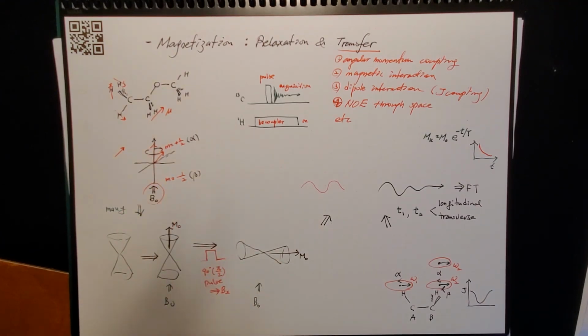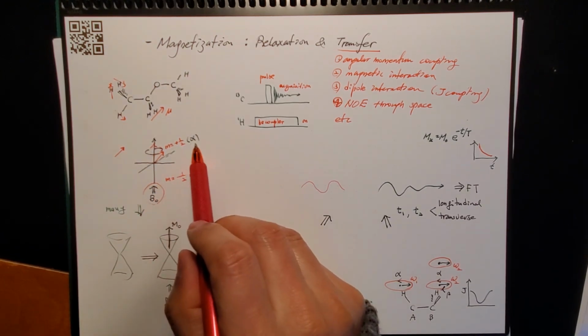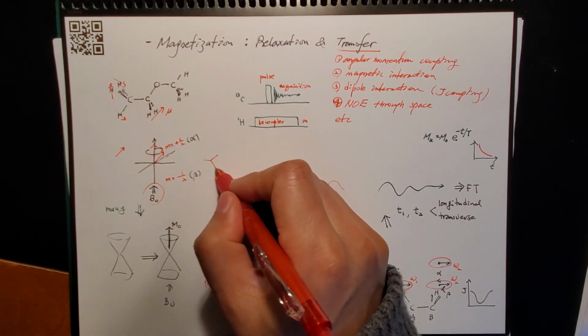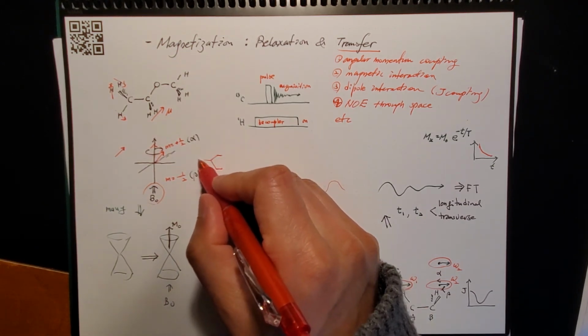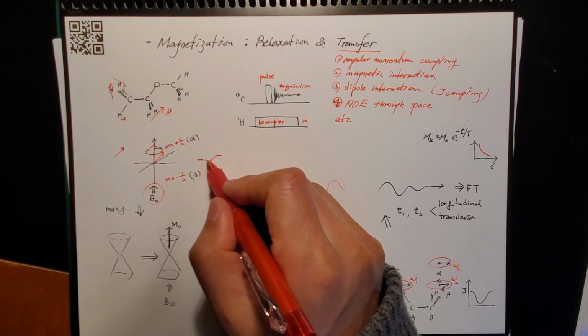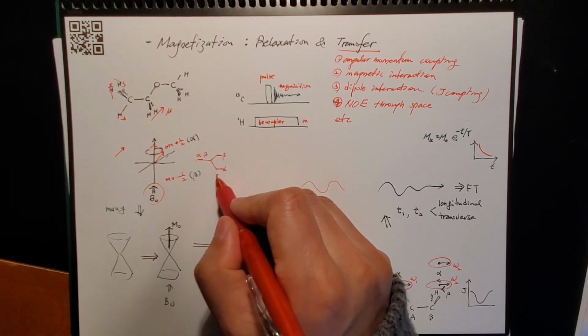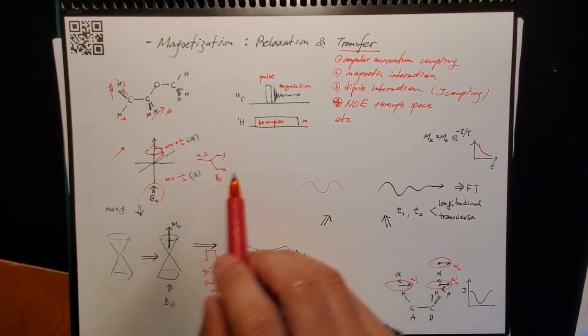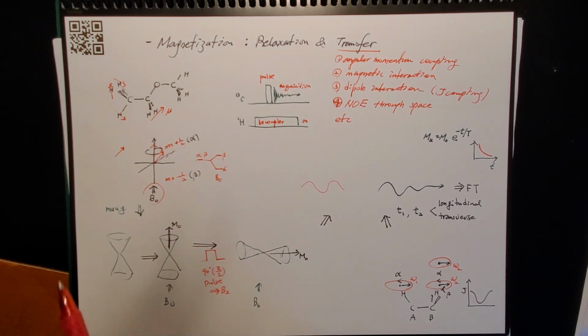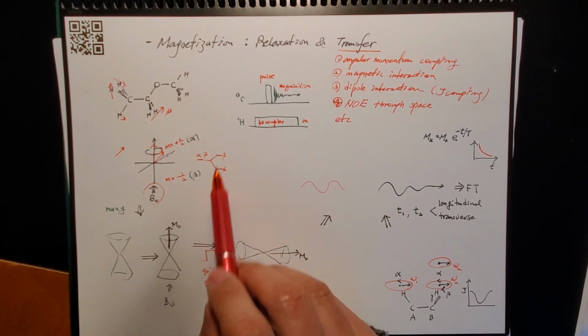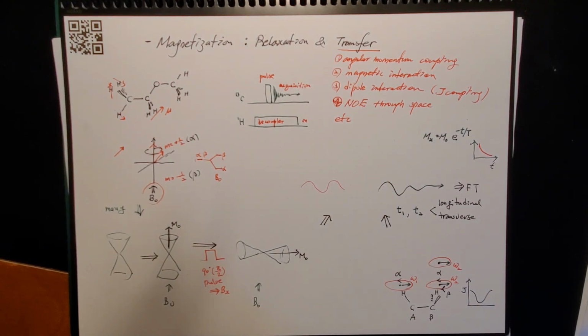magnetization going down. However, due to the external magnetic field, alpha feels more stable, which we talked about. Without an external magnetic field, they possess the same energy. But now in the magnetic field, alpha is more stable, and with a stronger magnetic field the gap increases. Then the population for the alpha increases as you have a larger energy gap with a stronger external magnetic field.